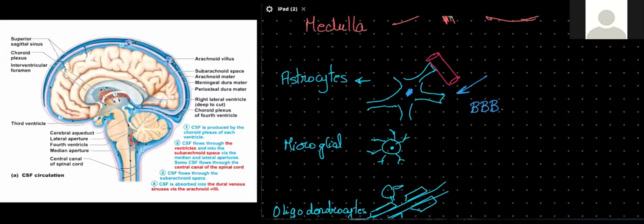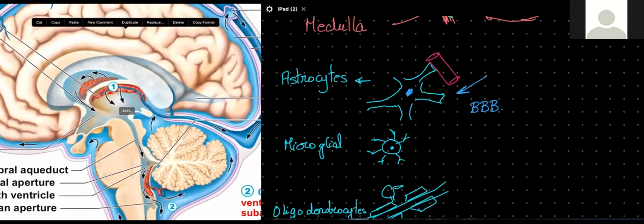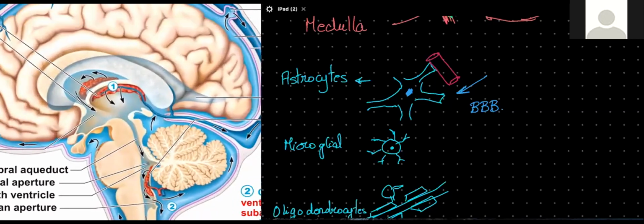If we look on here, this part of the brain is what we've called the thalamus. And remember, above the thalamus, we've got the epithalamus. If you remember, two parts were forming the epithalamus.